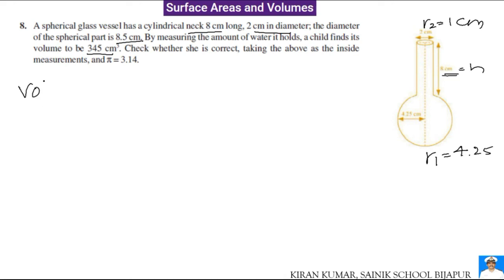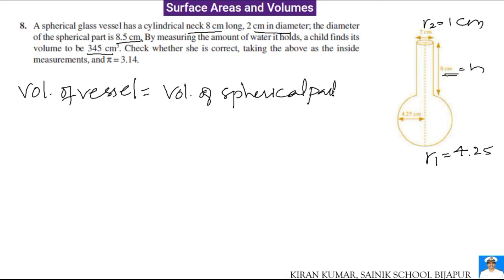Here, the volume of the vessel will be equal to volume of spherical part plus the volume of cylindrical part.